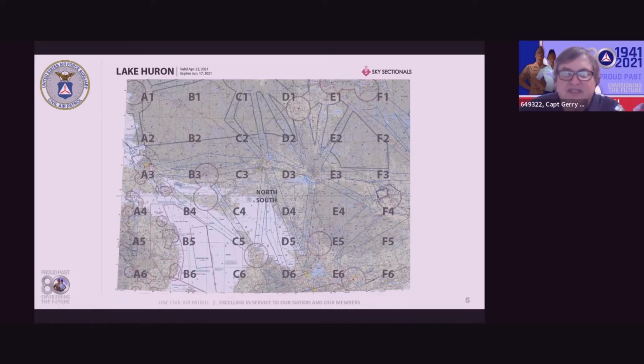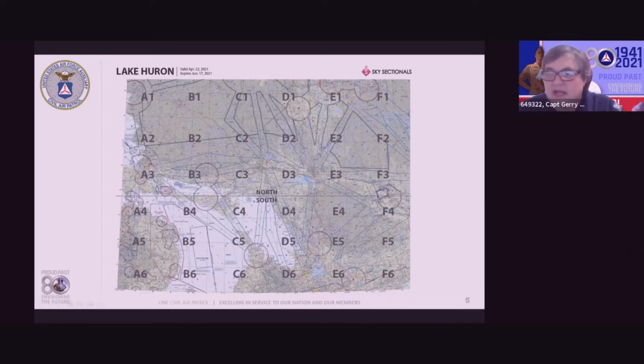As you can see, it's broken down even further into a pattern of alphanumeric grids, and each square grid is approximately 3/4 of a degree. Now, we know how many minutes there are in a degree, and how many seconds there are in a minute.